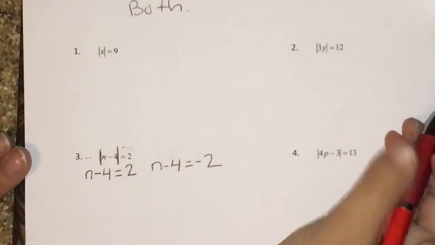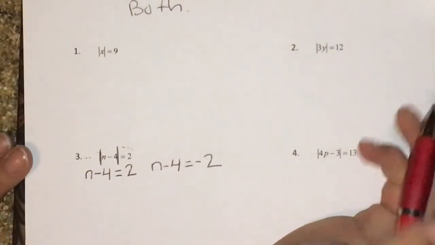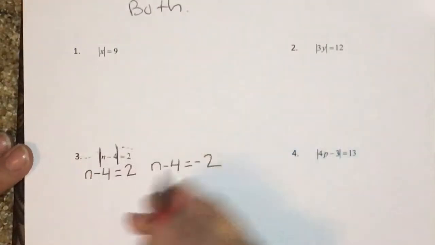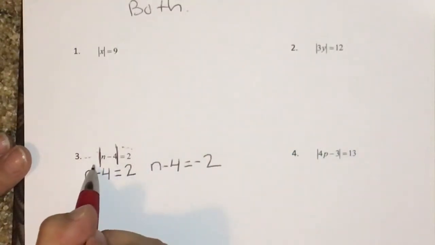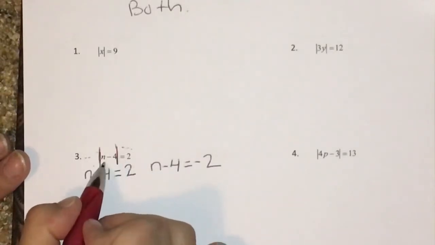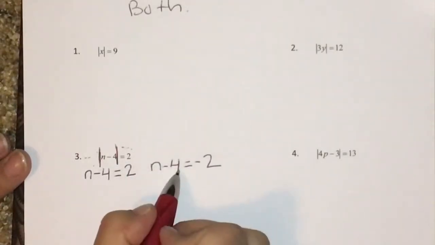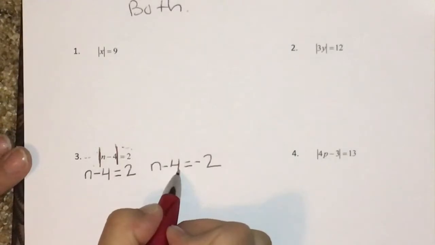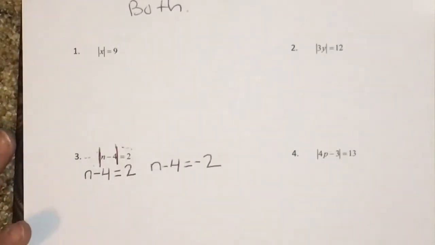So step 1, isolate your absolute value symbols. Well, in this case, they were already isolated. Step 2, drop those absolute value symbols and set up your 2 equations, 1 positive and 1 negative. Step 3 is to solve and check both answers.